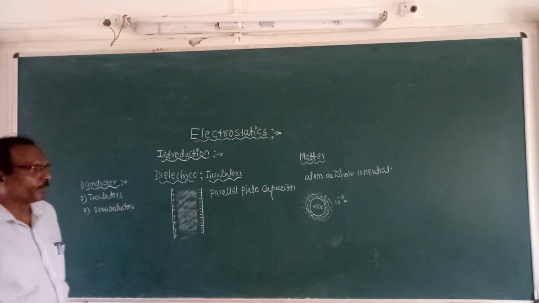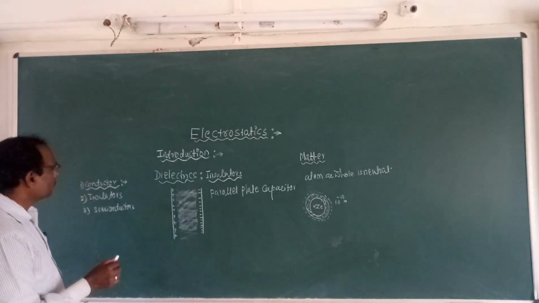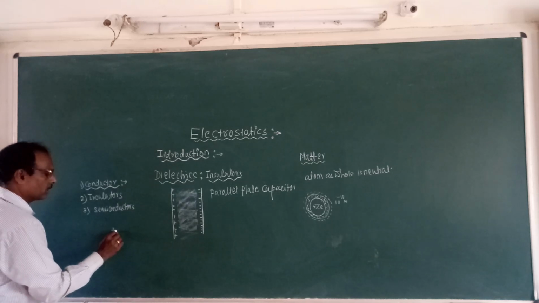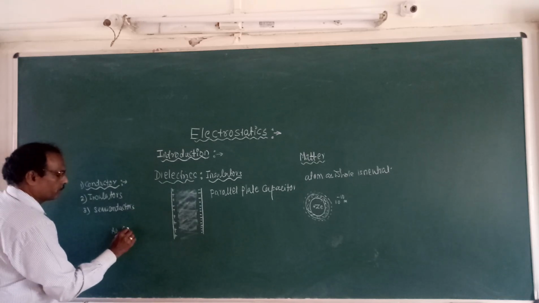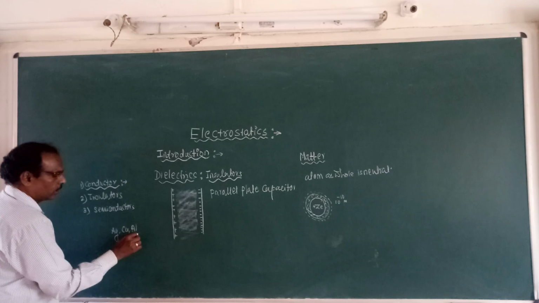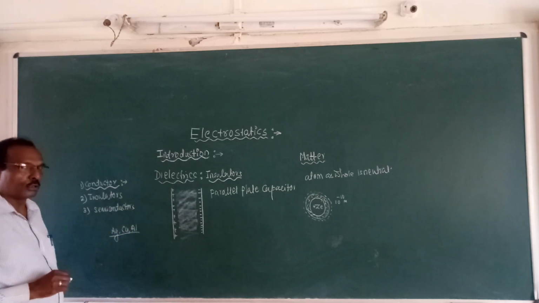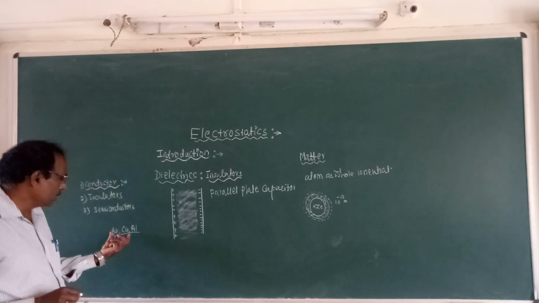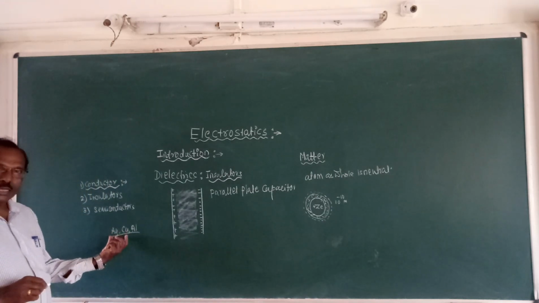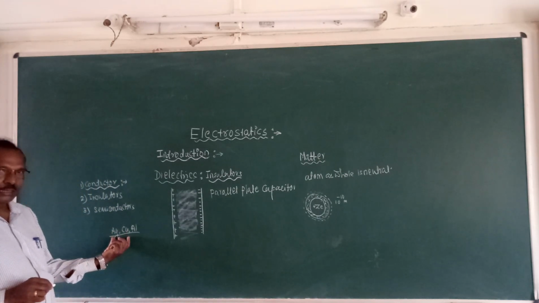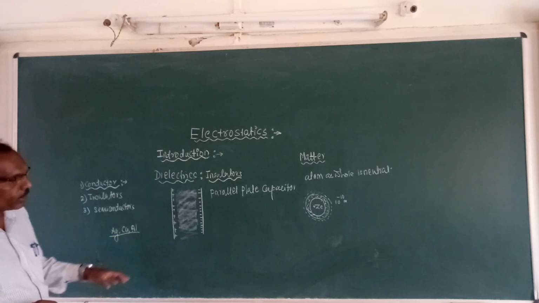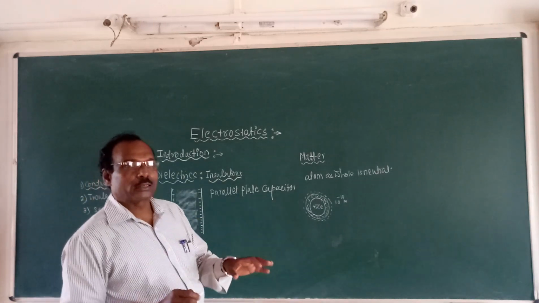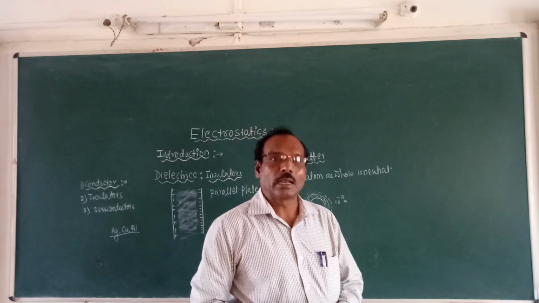In conductors, there are some good conductors, for example silver, copper, and aluminum. All these are good conductors of electricity. The conductivity of these materials depends upon the number of free electrons.